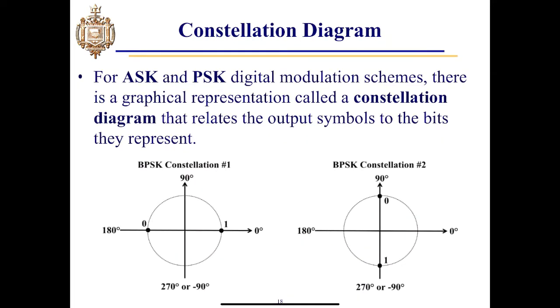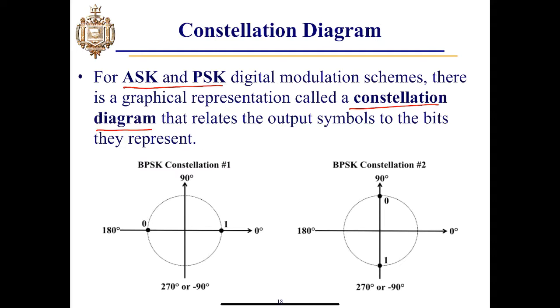For amplitude and phase shift keying only, digital modulation schemes only, so we're not talking about frequency shift keying, we use something called a constellation diagram. What a constellation diagram does for us is relate the output symbols in polar coordinates.